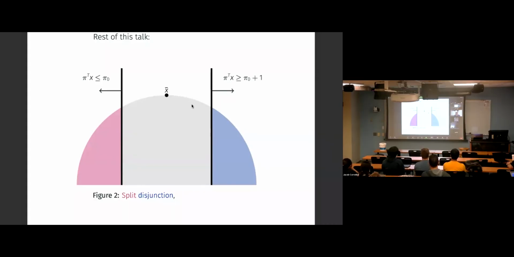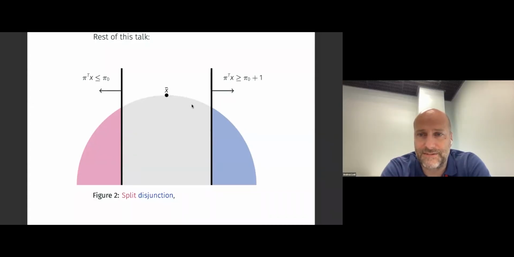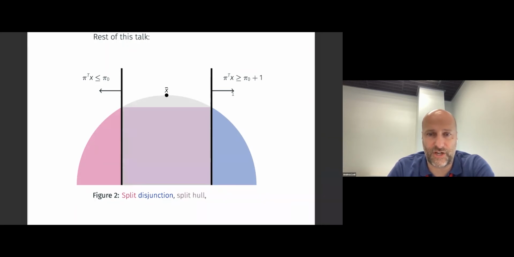So I want to generate a cut by using this information. If I have an x bar that is not integer in all the components that need to take integer values, then I can find the appropriate disjunction, and I generate a cut that is called a split cut, based on this split disjunction.